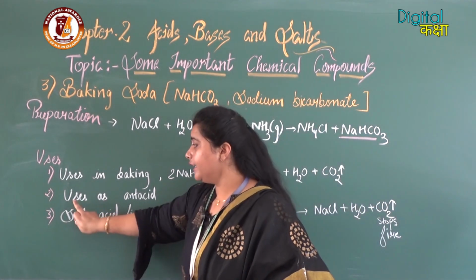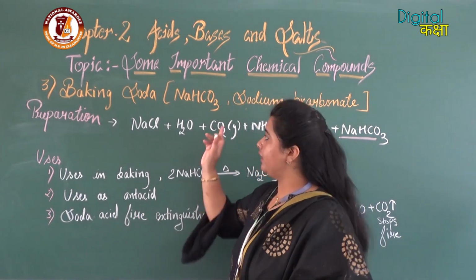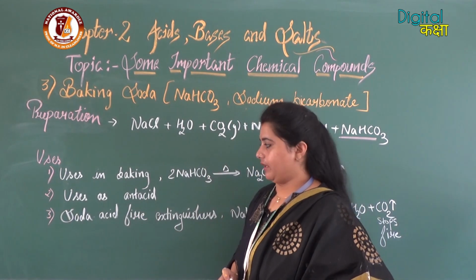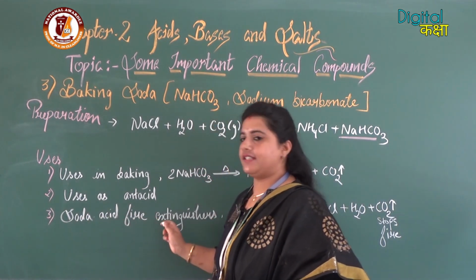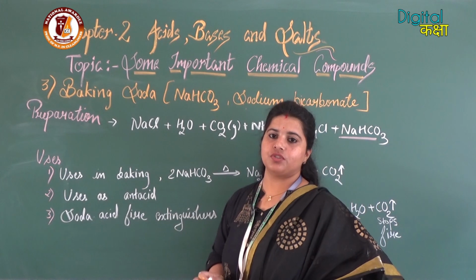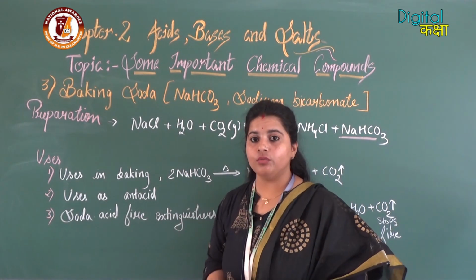Now the second use is that it is used as an antacid. For acidity we use baking soda as an antacid. And third, it is used in soda acid fire extinguishers. Whatever fire extinguishers we have contain baking soda in them. How does it work?